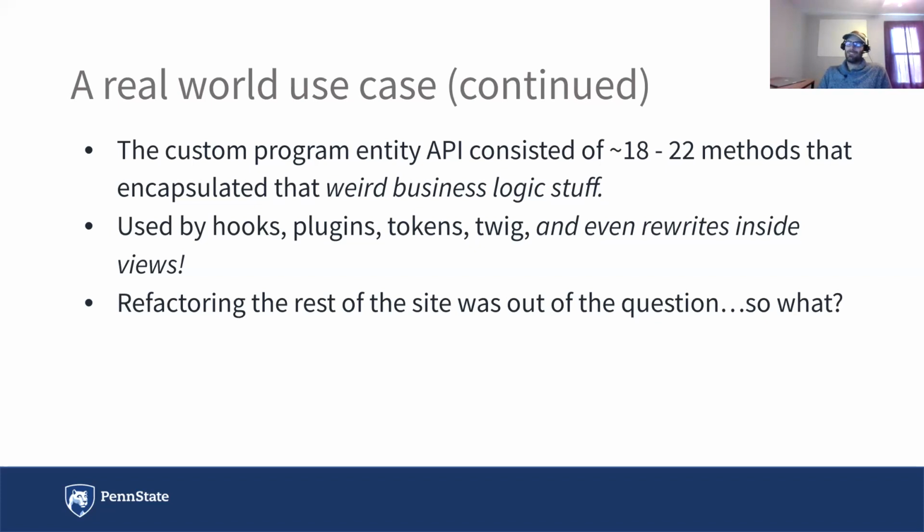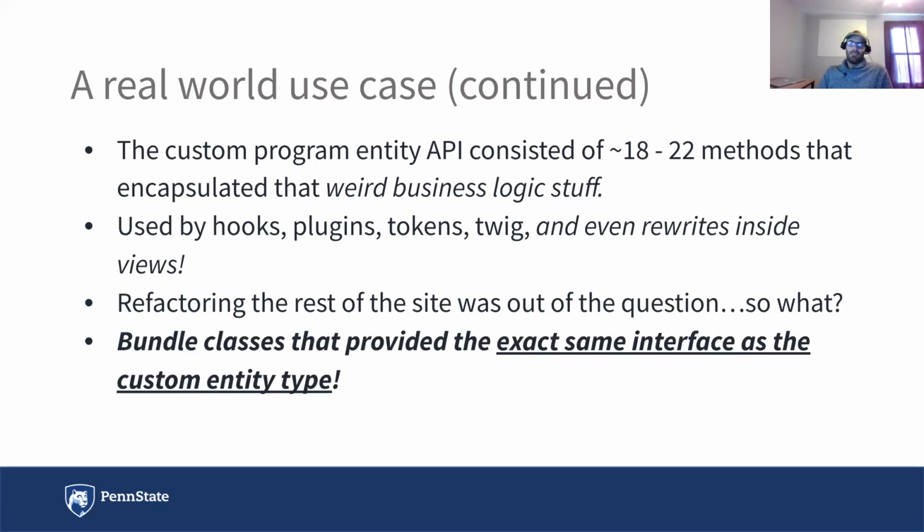We couldn't refactor the rest of the site, so along came bundle classes, and it was just an amazing timing feat that happened. Using bundle classes, we were able to provide the exact same interface as our custom entity type, but do it with a node.